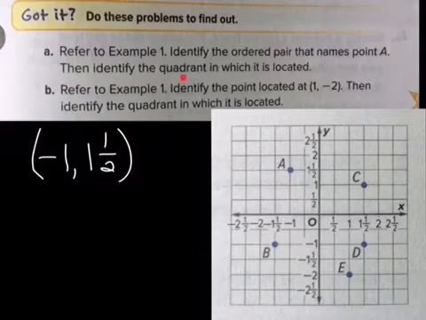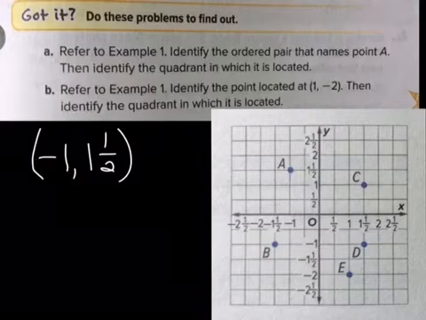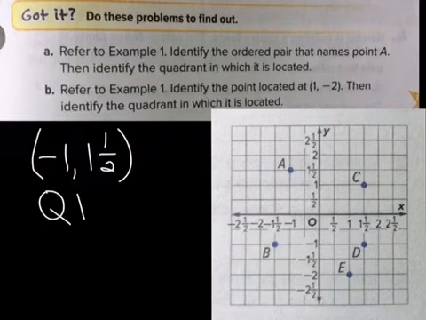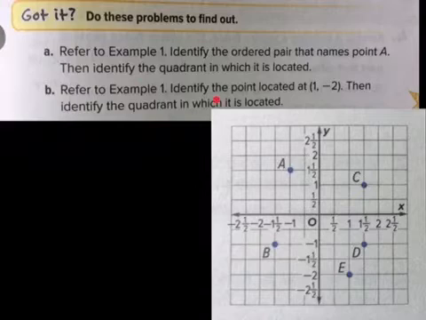Then identify the quadrant in which it is located. Well, we know this is quadrant 1 and this is quadrant 2. So, quadrant 2. B. Identify the point located at 1, negative 2. So we count 1 horizontally, there's our 1, and then negative 2. Remember, they're counting by half, so each square counts as a half.